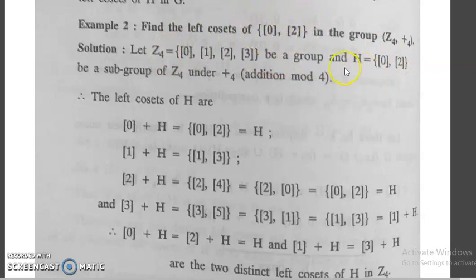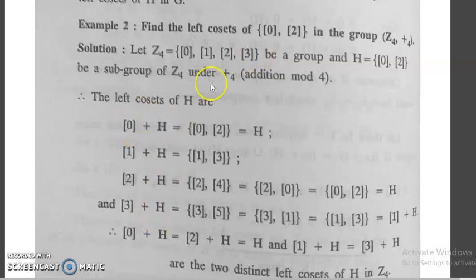This is taken as H. Now we find the left cosets for all the elements of Z₄: 0 + H, 1 + H, 2 + H, 3 + H.